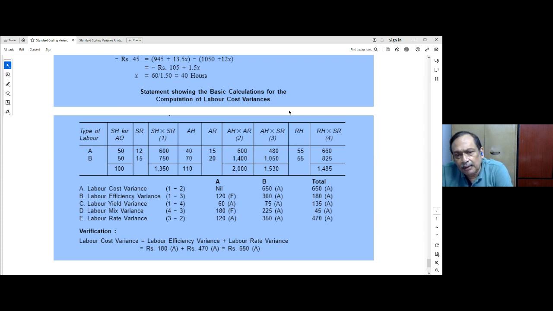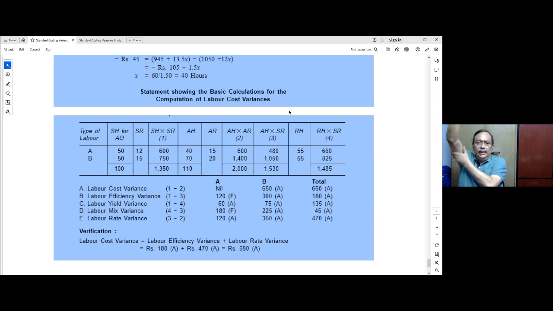So we get labor cost variance 1 minus 2, it is nil for A, for B it is 650 adverse. Total is 650 adverse. Then labor efficiency variance 1 minus 3, that is 120 favorable, B 300 adverse, total 180 adverse.